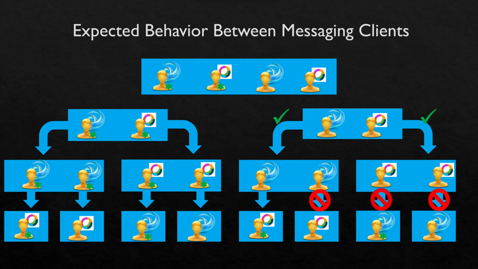Let me say that again. If a Webex Teams client not enabled for hybrid message service tries to send a message to a Jabber client that is enabled for hybrid message service, that interaction will fail also.